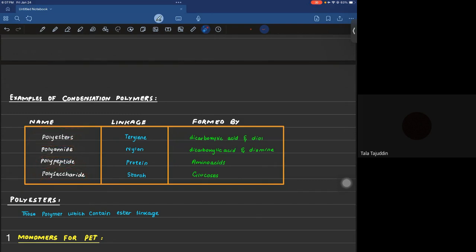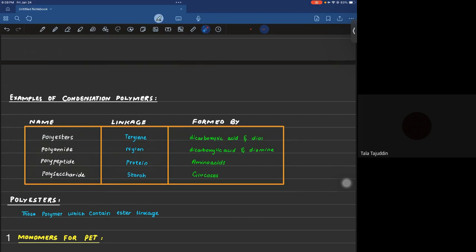In polyesters, you would see the ester linkage, for example terylene. Then in nylon, you would see the amide linkage, that's called polyamide. And in protein, again, you would see the peptide bond, again the amide linkage.